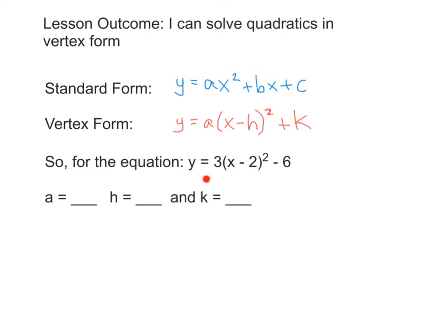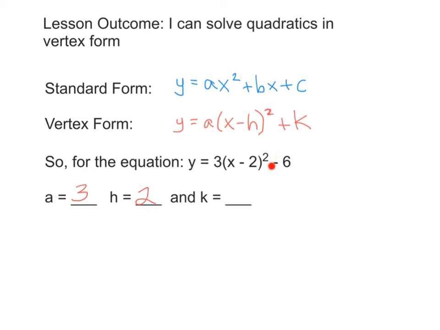So for this equation that's in this same form, notice that the y is here. That means a is 3, right? So a is 3. Put that right there. And then we have our parenthesis and our x, and then this minus sign, which means that h is 2. And then we have our closed parenthesis squared, and then we have plus k.